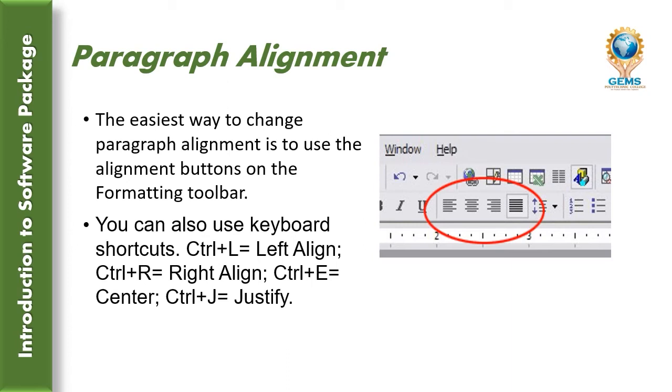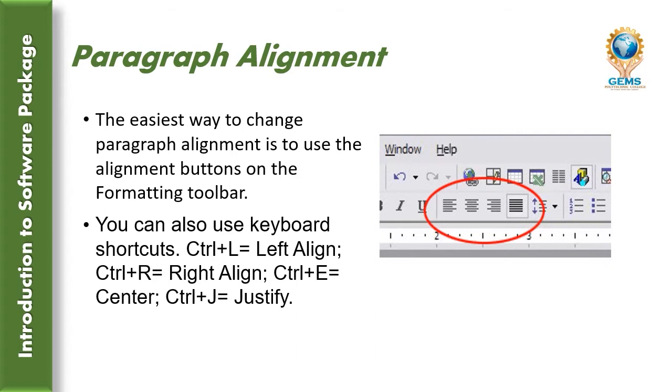So the easiest way to change paragraph alignment is to use the alignment buttons on the formatting toolbar. In this image, it shows some of the formatting icons we can use.